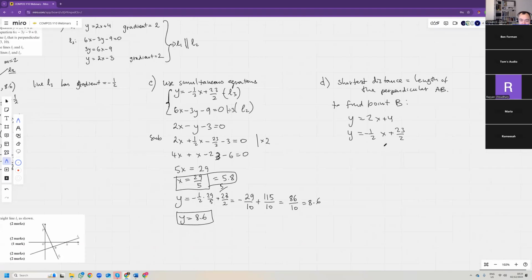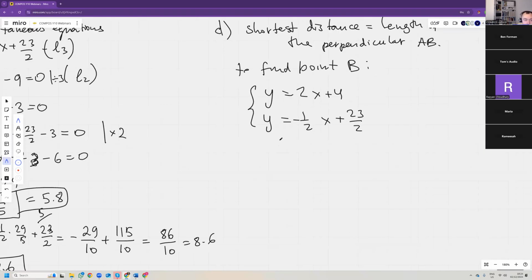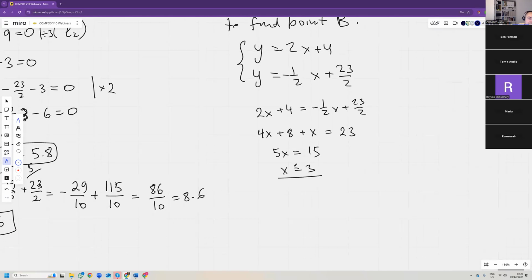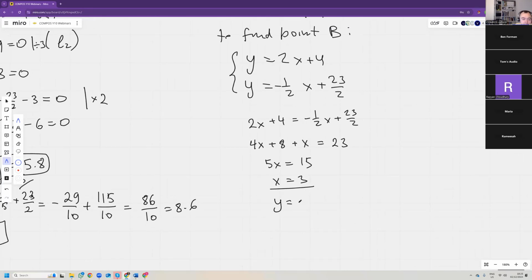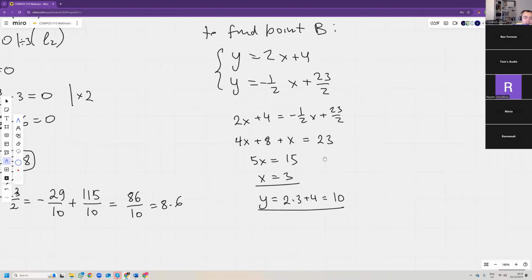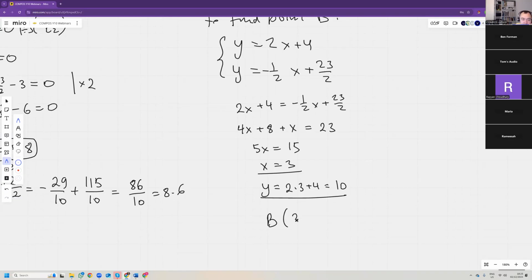We make them equal to each other. 2x plus 4 equals minus a half x plus 23 over 2, times everything by 2. 4x plus 8 plus x equals 23. 5x equals 15. Okay, x equals 3. That's not too bad. And y is equal to 2 times 3 plus 4, which is 10. All right, so point B is (3, 10).